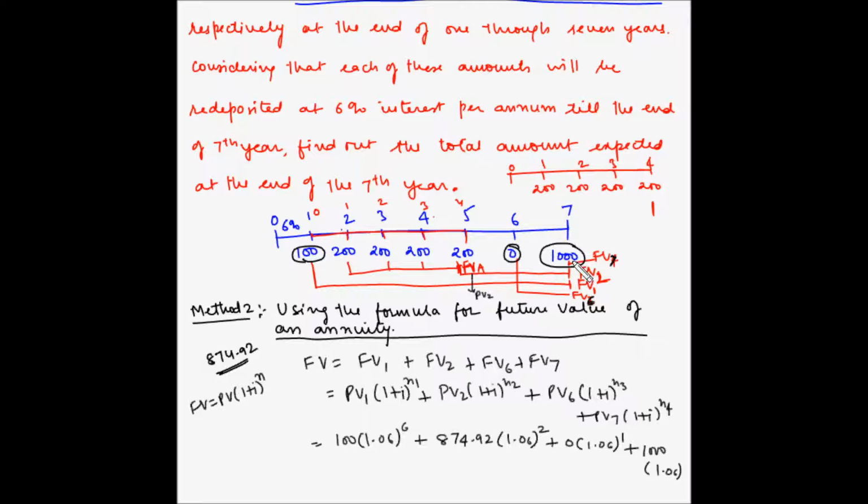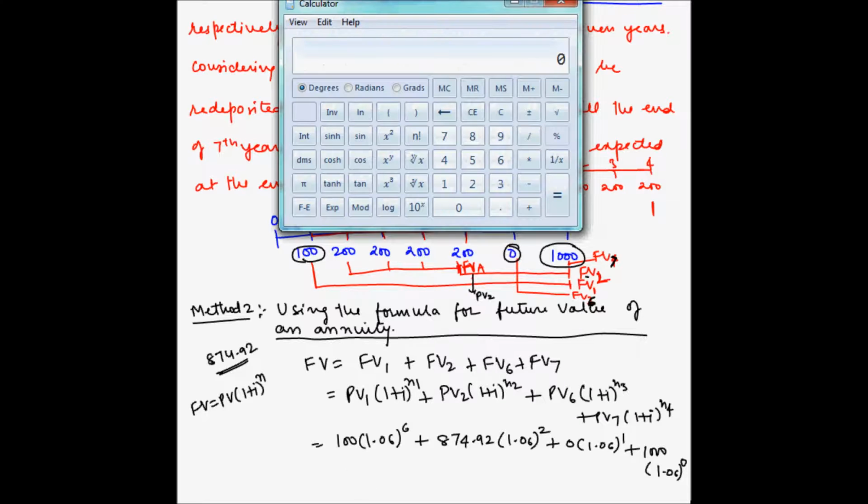Now this is not going to be compounded for any tenure because this is also being received at the end of the 7th year. So this n4 becomes 0. So let's calculate this. So 1.06 to the power 6 into 100, plus 1.06 squared into 874.92.